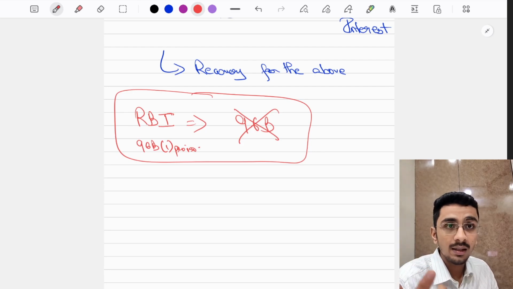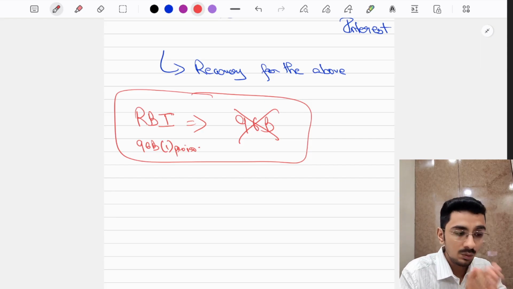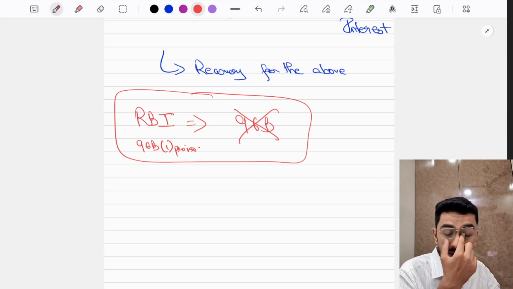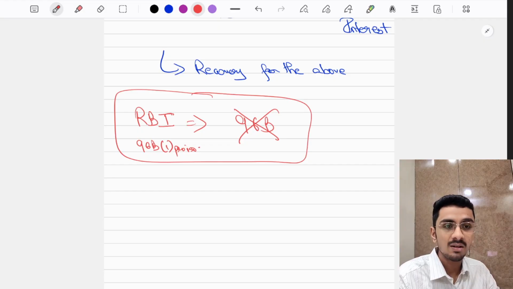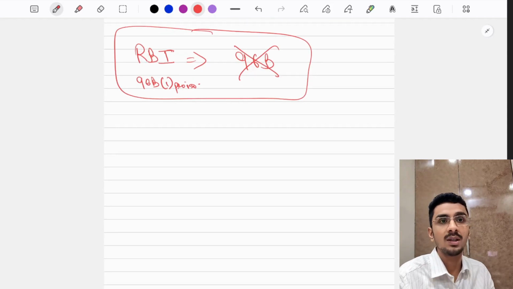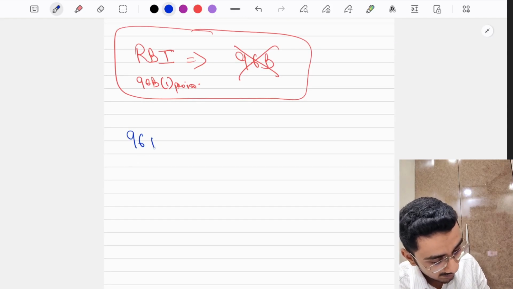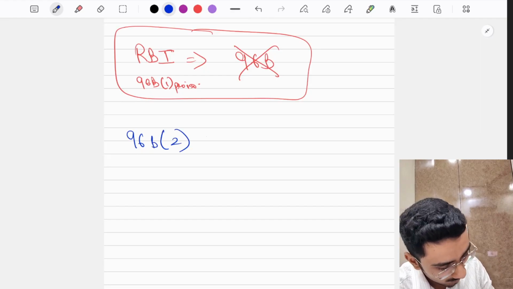Now, what about those cases where you have repaid or the recovery has been done, but subsequently you have realized the amount? In those cases, it is rule 96B sub-rule 2.